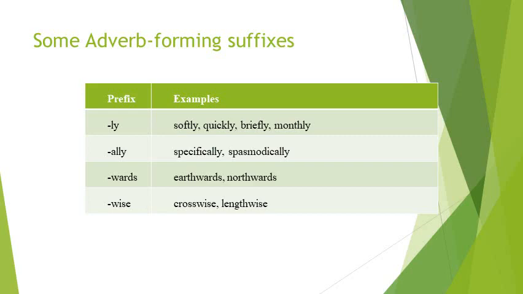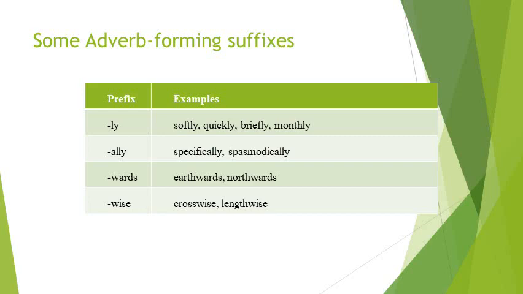So when you add ly to a word like soft, you generate an adverb. You have a word like quick, you add ly to it, you turn it into an adverb. Brief, you add ly to turn it into an adverb, and then month, you add ly to turn it into an adverb. And then another suffix is ally.